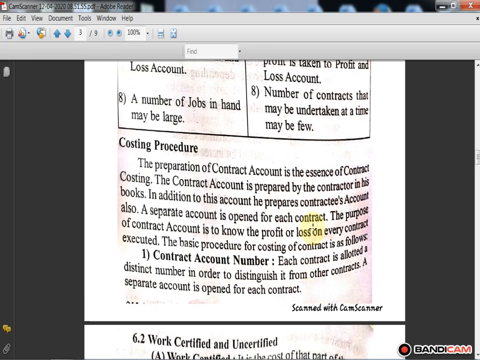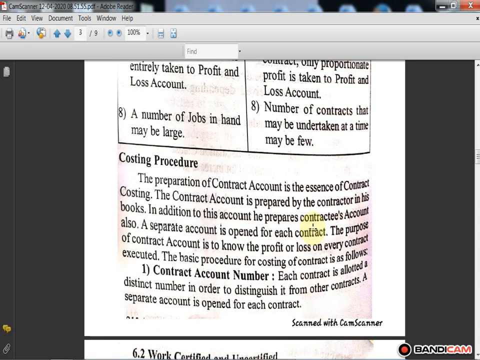Each contract has a different number, and a separate account is opened for each contract. The second point is direct cost. In contract costing, all the expenses are considered direct in nature.